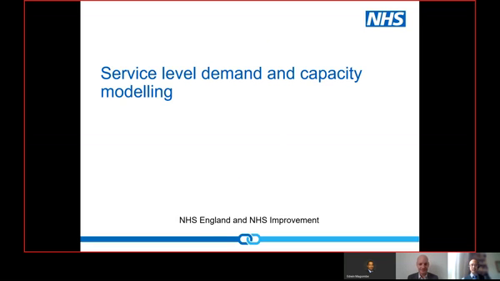Grand. So before we go into the nuts and bolts of looking at the restoration of elective services as a whole, we'll just go very quickly into the service level demand and capacity modeling, just to provide some context into how this is actually being used in the context of the greater planning process.